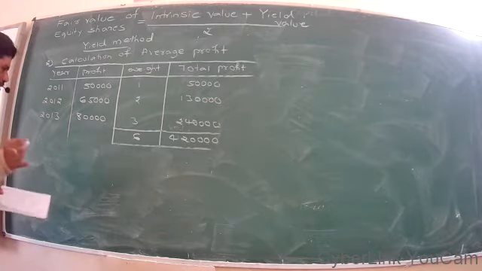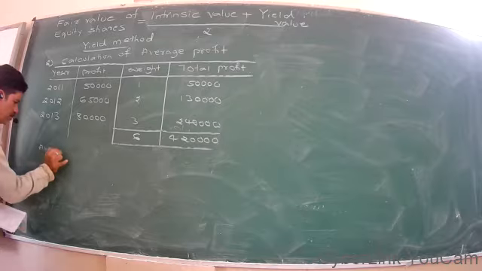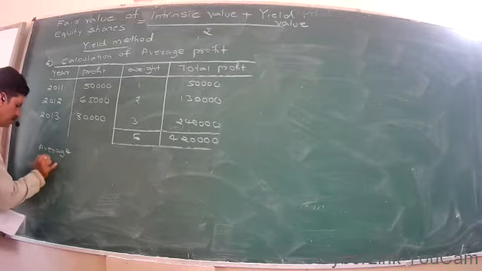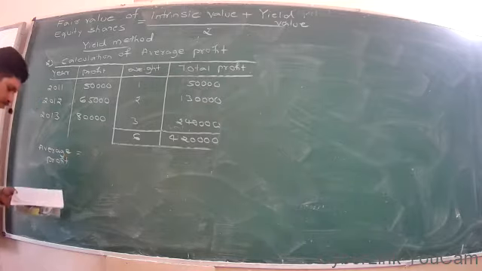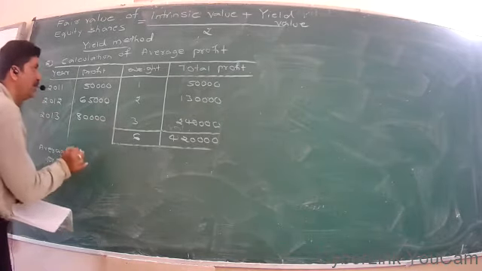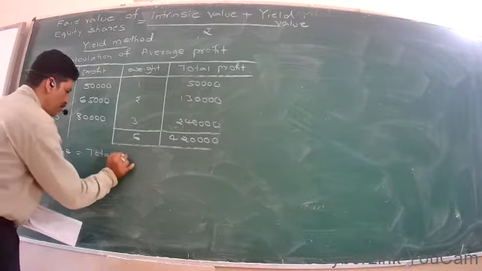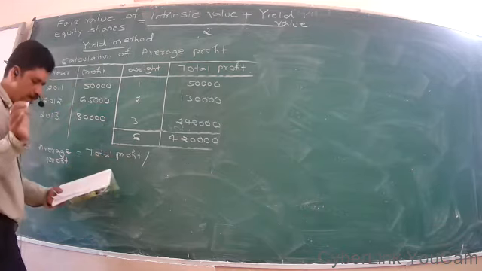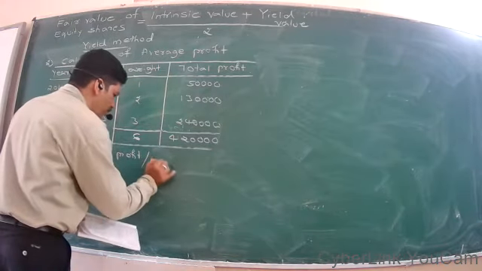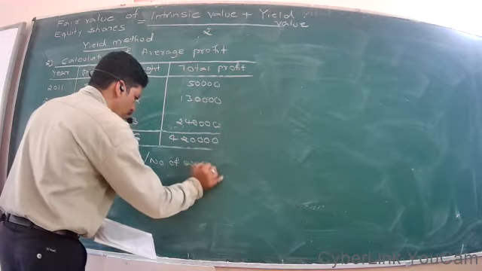Next is average profit. Average profit is equal to total profit divided by the total of weights.